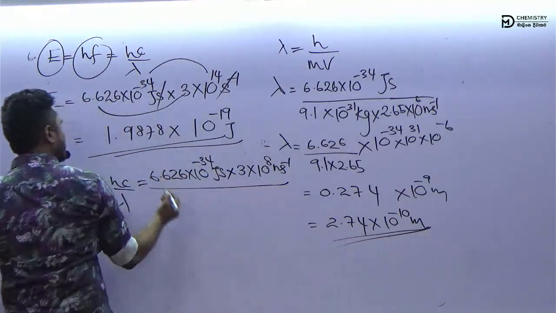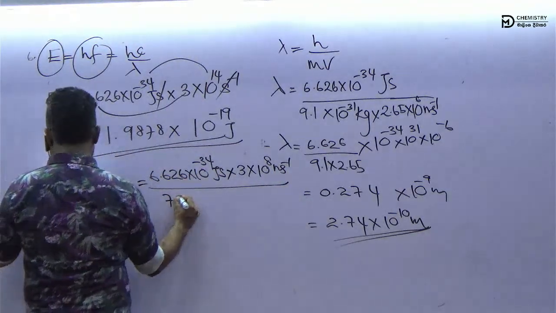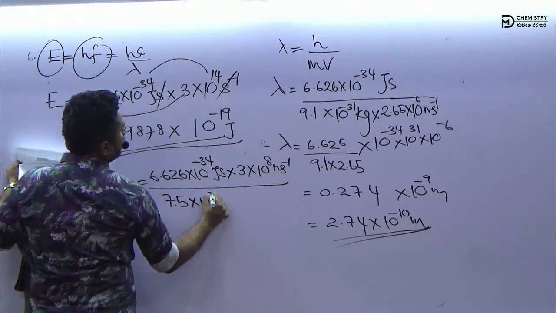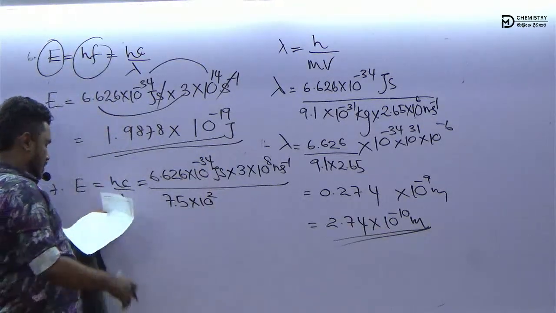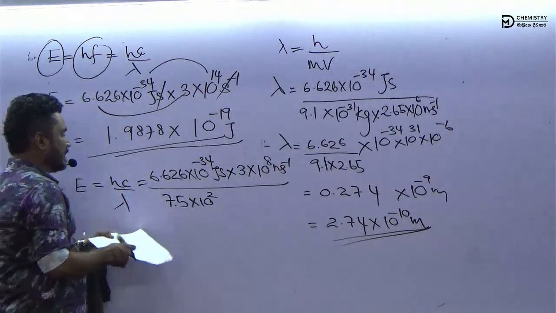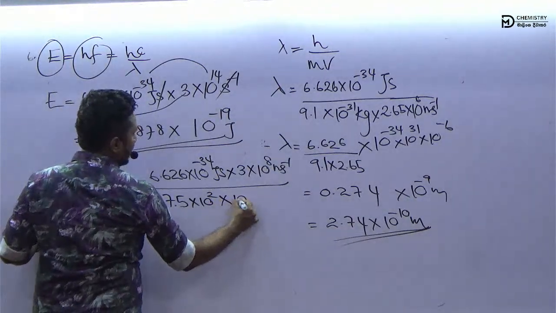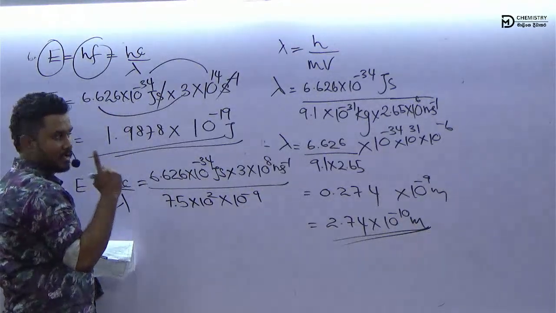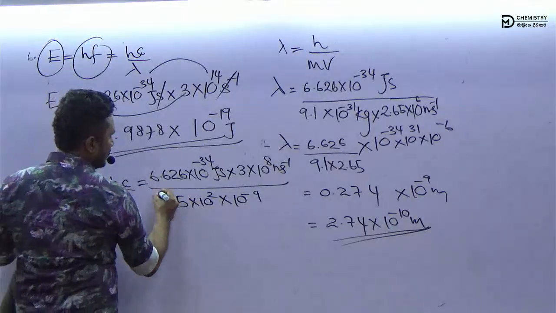And here it is 750 nanometers, 7.5 into 10 to the power 2. To convert the nanometer value to meters, we have to multiply by 10 to the power minus 9. Look at this one, we can easily simplify it. You can clearly see we can cancel off these things.